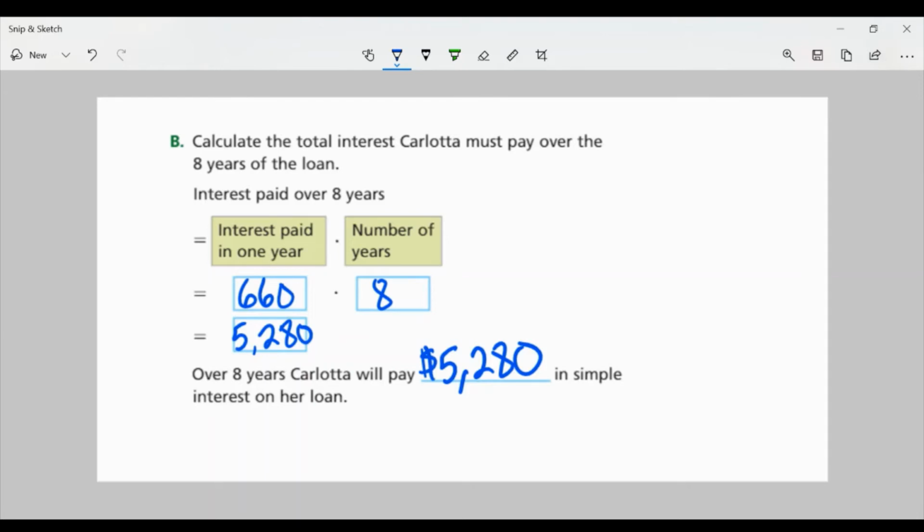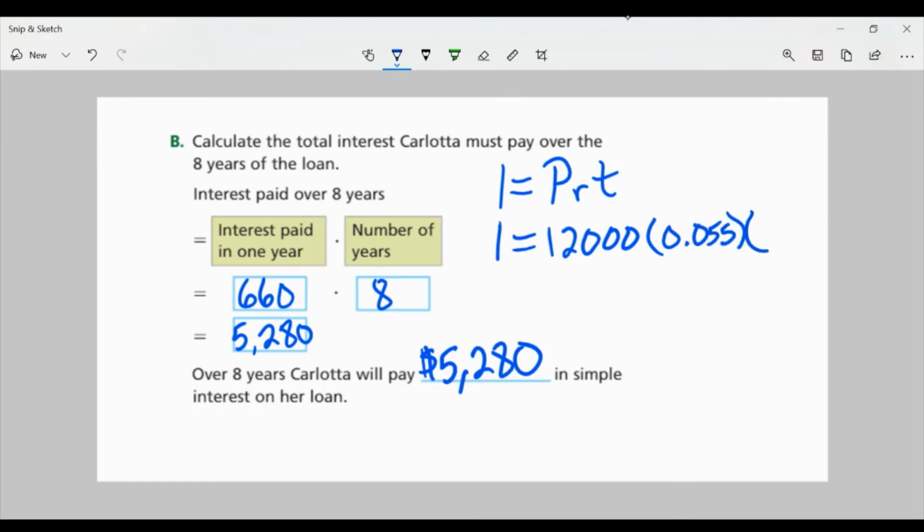Okay. Now, if we were using the actual formula for the whole thing, I would have my interest equals 12,000 times my annual interest rate times 8 for 8 years, right?